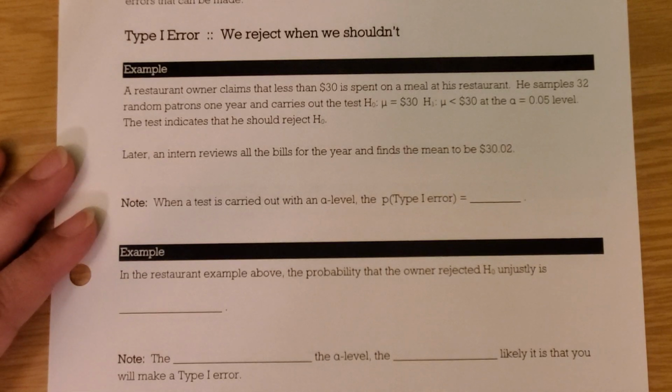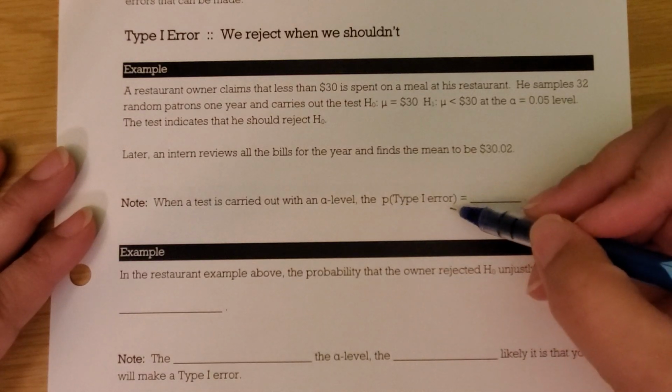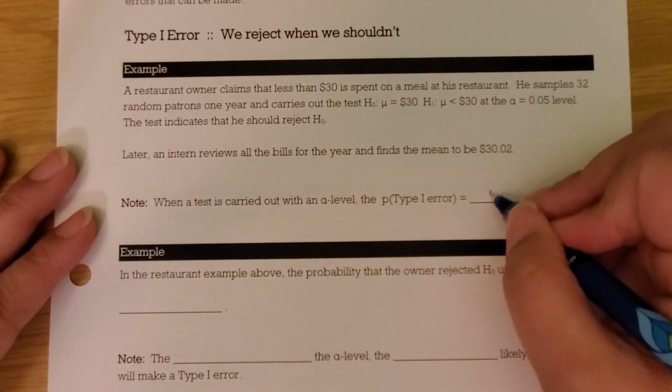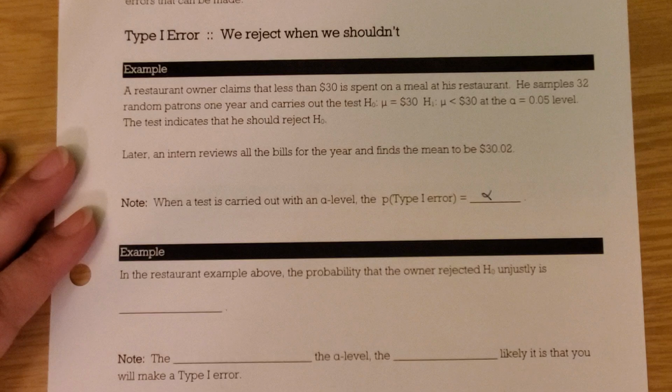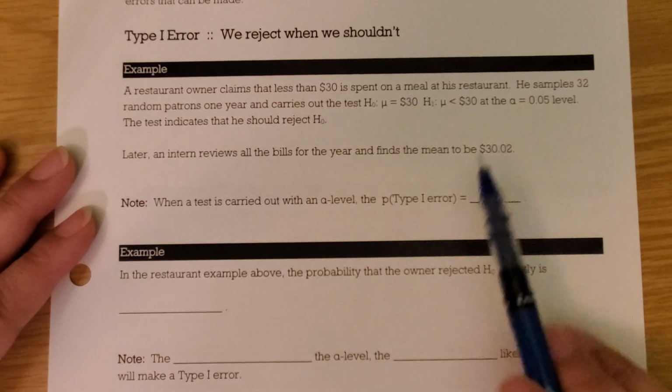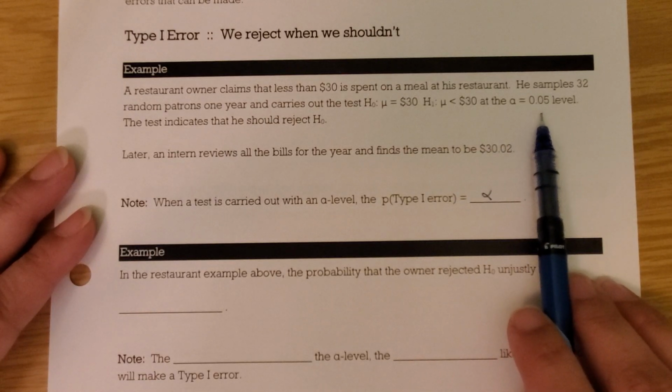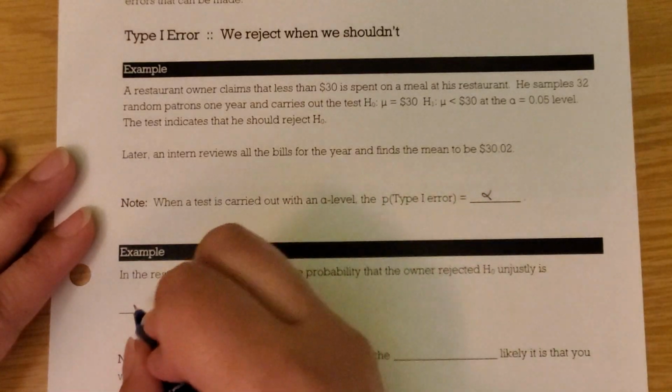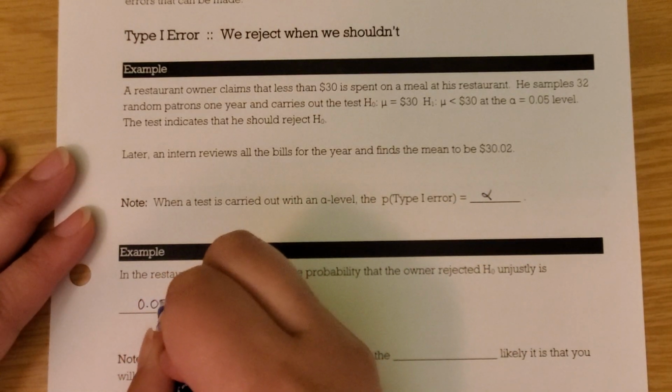So when you conduct a hypothesis test at a particular level of significance, the probability that you're going to make a type 1 error is alpha. So in this case, because the restaurant owner used the 5% level, the probability that he would have made this error is 0.05.